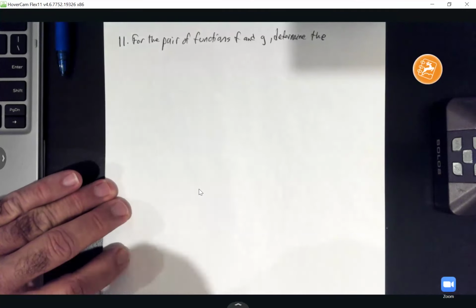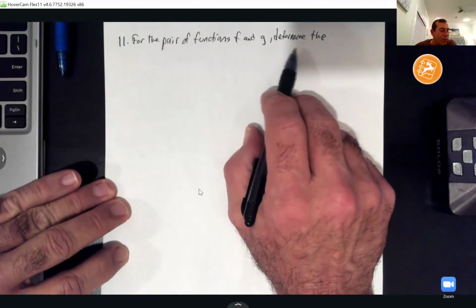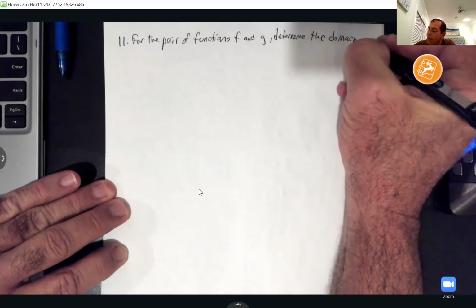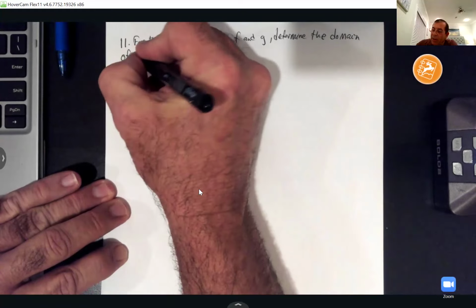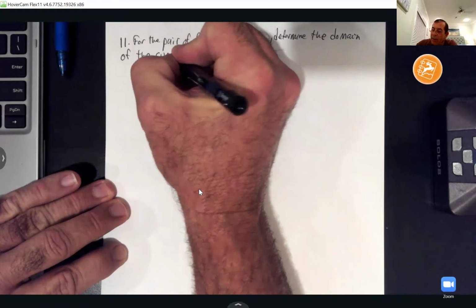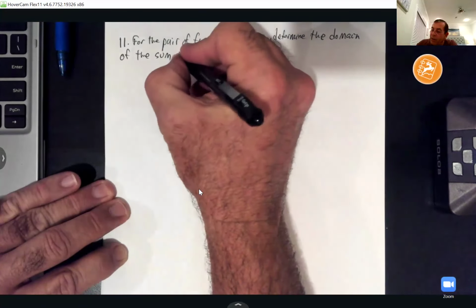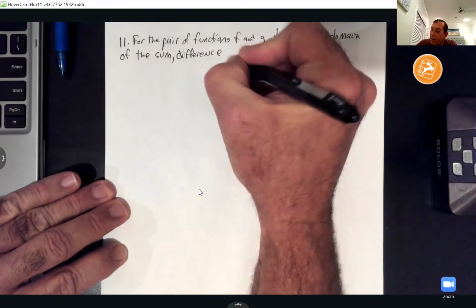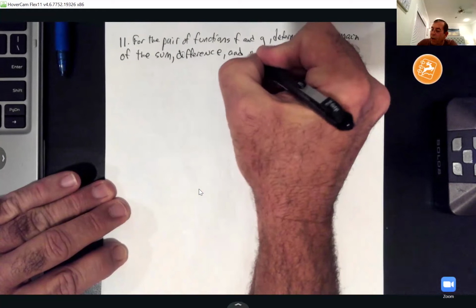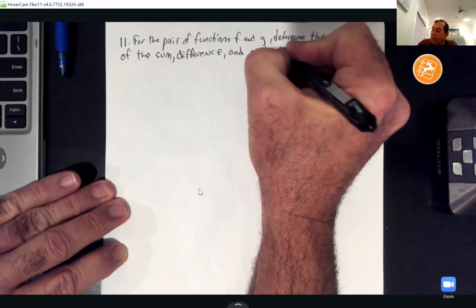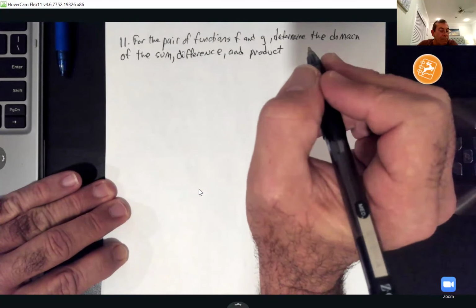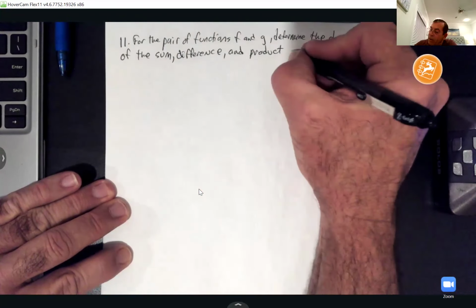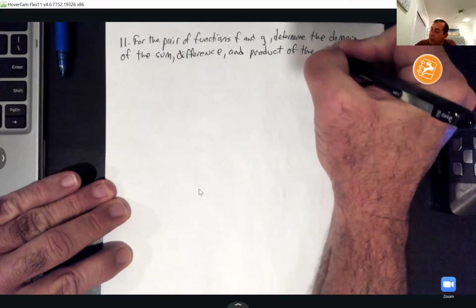Okay, no problem. All right, y'all, so you're going to determine the domain of the sum, difference, and product of the two functions.